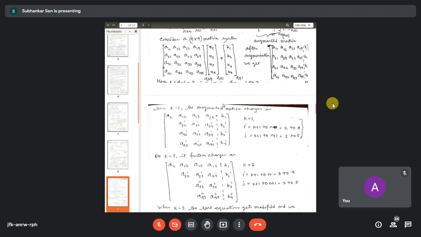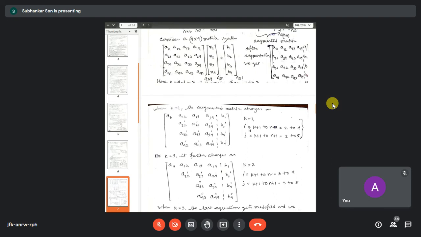Okay, now when k equals 1, we shall operate from the second equation. For k equals 1 it is for the second equation, and our i is changing from k plus 1 to n. Our n is 4. Okay, so there are 4 rows, so every row will be modified.